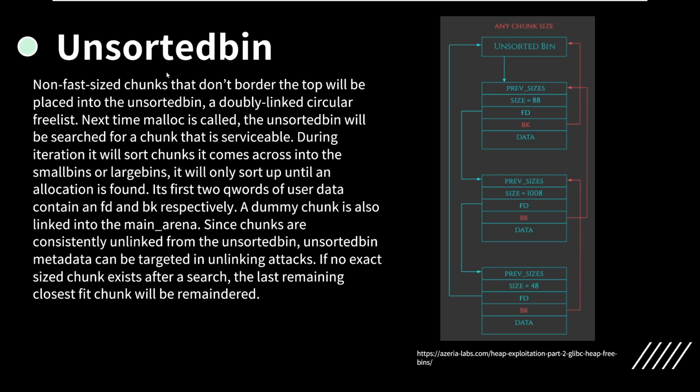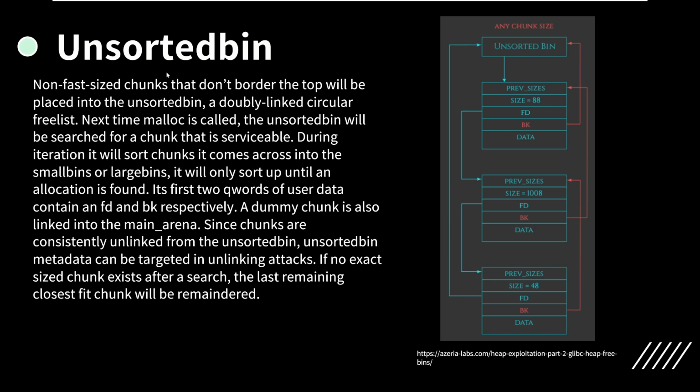The unsorted bin is probably the most complicated bin we'll be talking about. The unsorted bin is a non-fast size bin that stores chunks of any size that are beyond T-cache or fast size range.